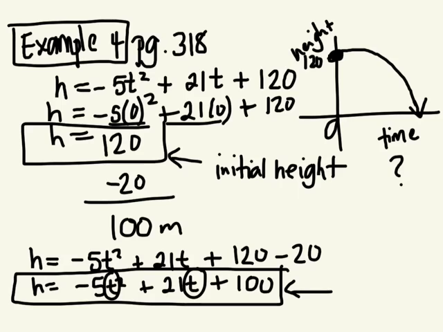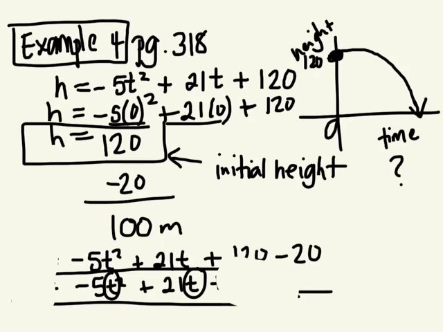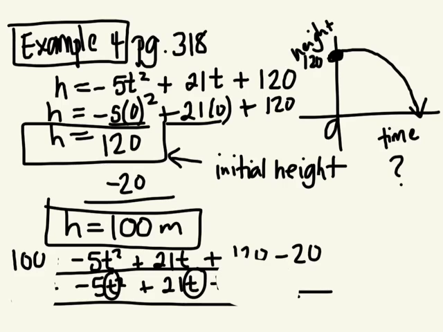Sorry, I meant to plug in 100 over here. I want to know what is the time when the height is 100 meters, because now the height is 100. We want to know when the height is 100, so somewhere around here, what is the time?